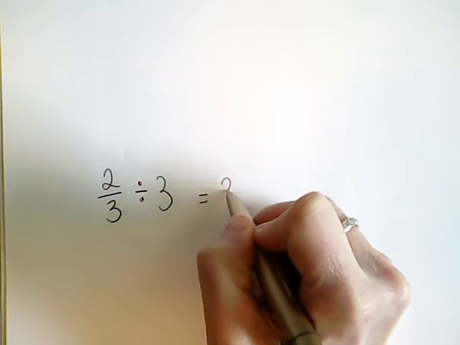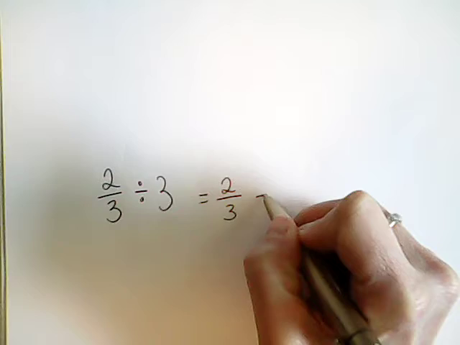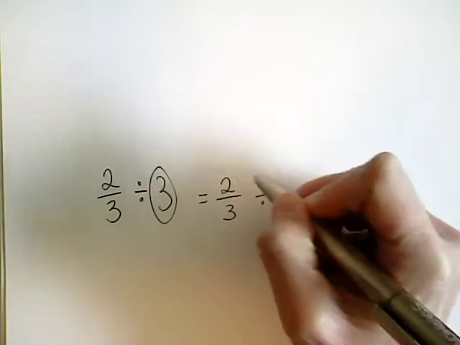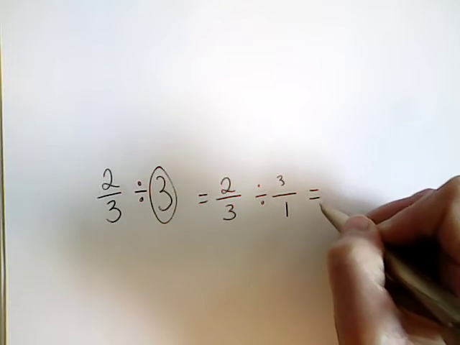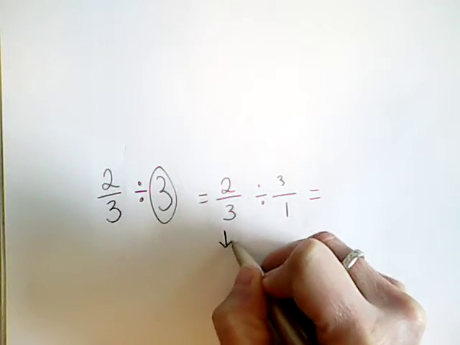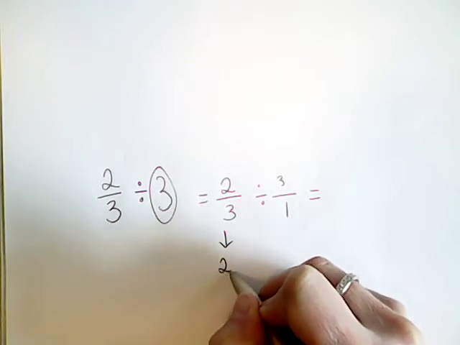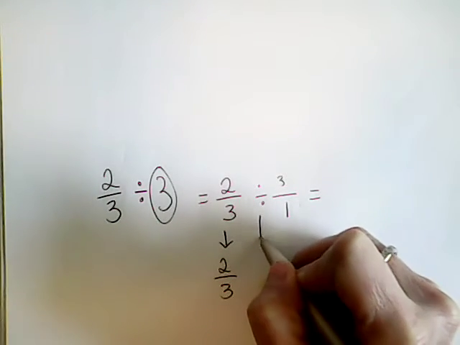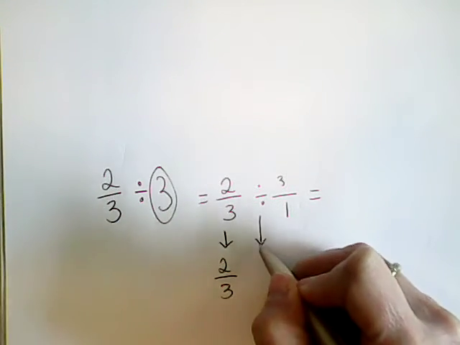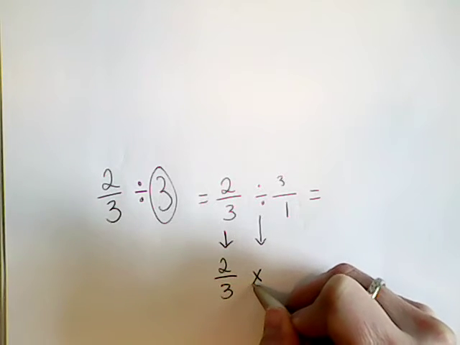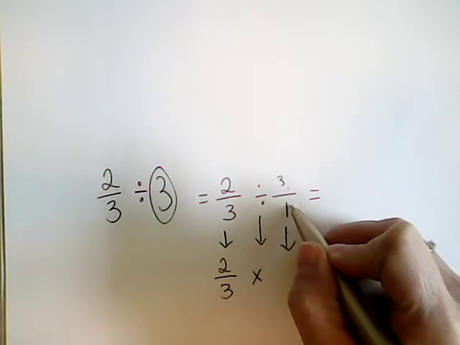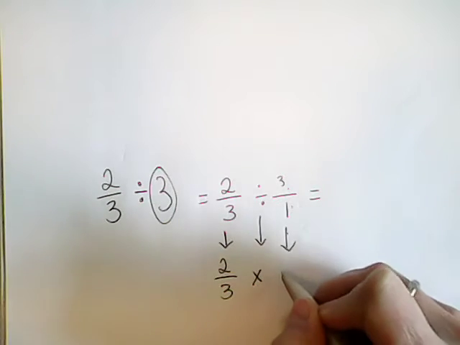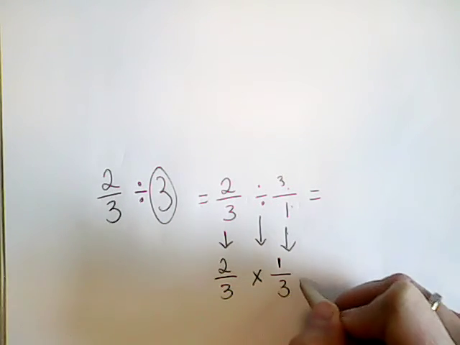So the first thing I'll do is rewrite it because I want to change the whole number into a fraction. Then remember, I keep the first fraction the same, which is 2/3. I change the division symbol to a multiplication symbol, and then I flip or use the reciprocal of 3 over 1 and change it to 1/3.